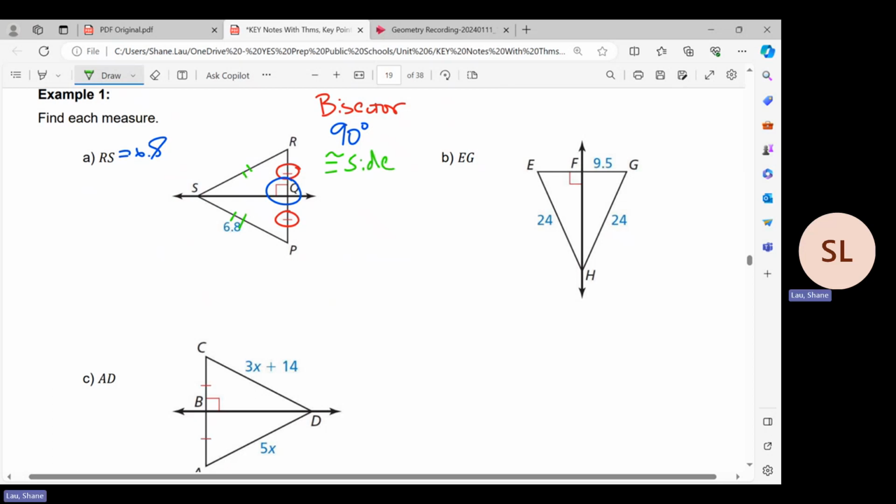Just like so. But because we knew we had a perpendicular bisector, that's how we know that those two sides are congruent.